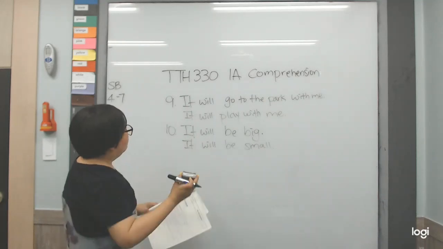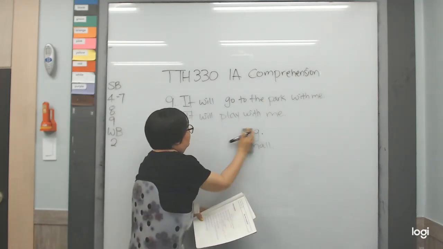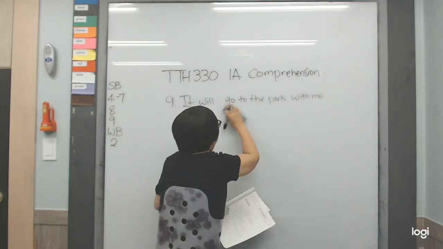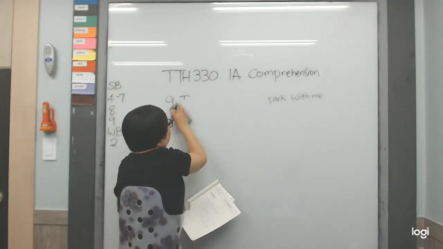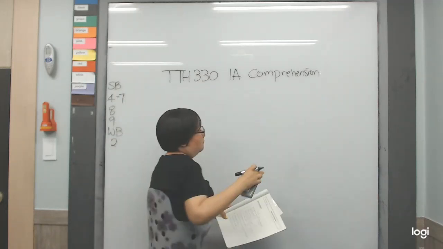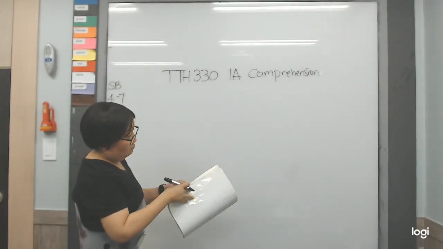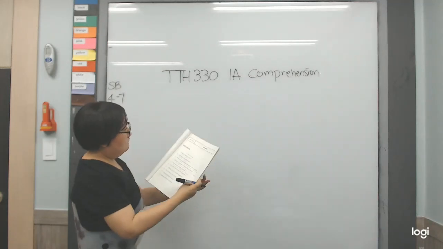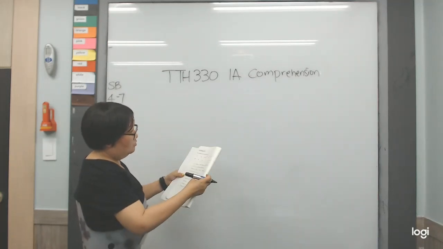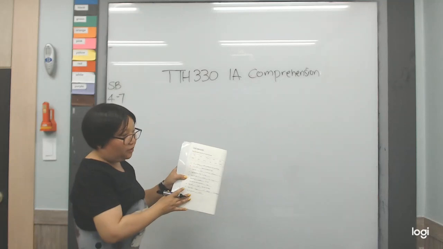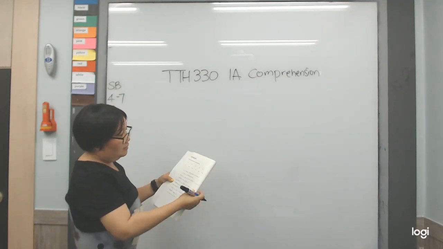Now, if you look at the next page, everybody, I will explain what you need to do for your homework. Page 3 is your homework. Do you understand? You see these words.